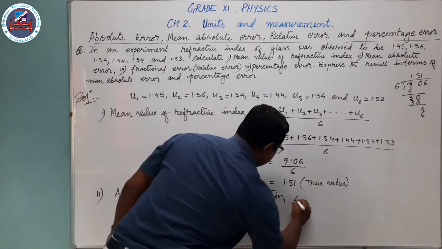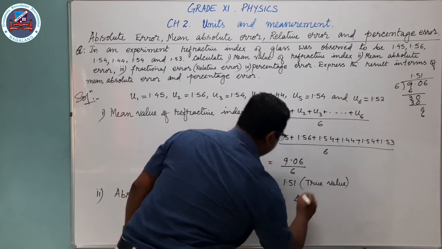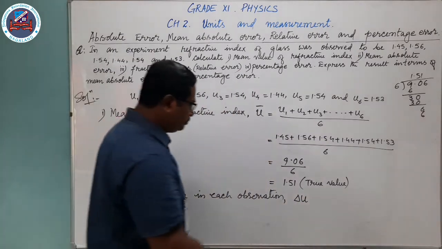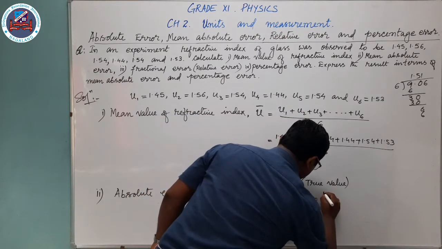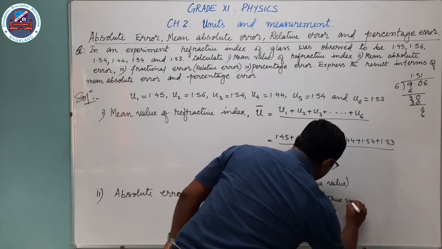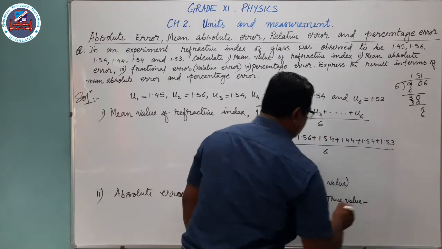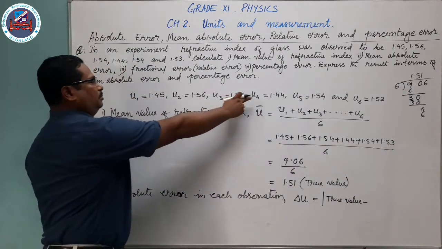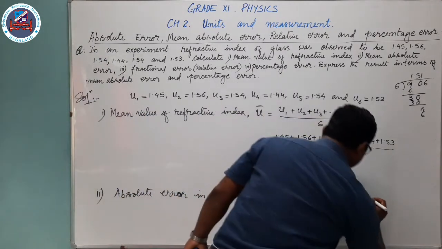We write it as delta, delta U. Delta U means absolute error. This is your formula: the absolute value of the true value minus the observed value. These are your observed values, U1, U2, U3.